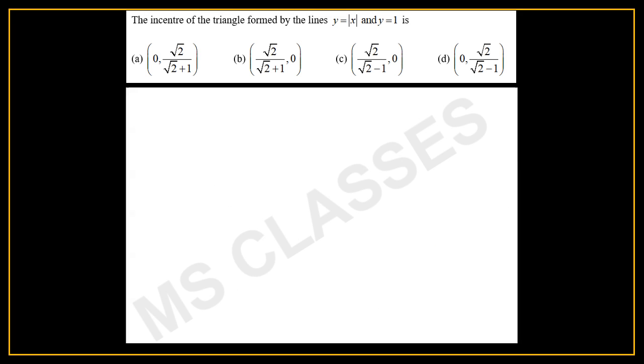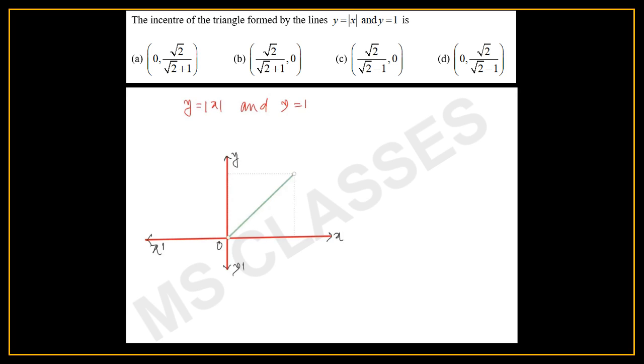The incenter of the triangle whose sides are given by y equal to mod x and y equal to 1. So if we plot this in the Cartesian plane, we find this is the y-axis, this is the x-axis, origin, x prime, and y prime.